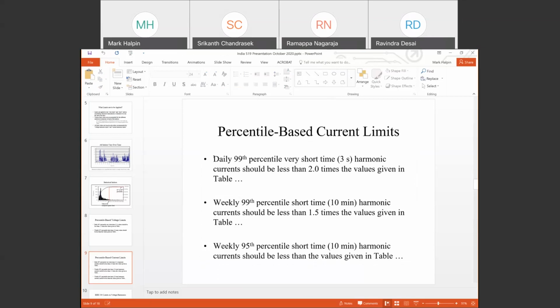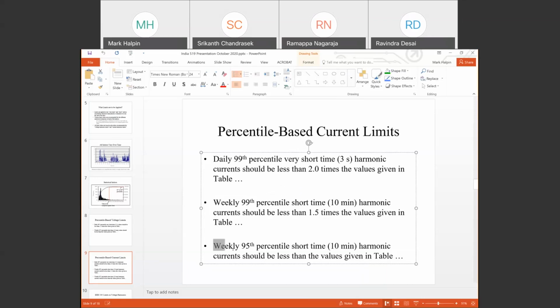The daily 99th percentile, which is statistically speaking unlikely, because it doesn't occur very often, is allowed to exceed the values given in the limit tables by a multiplier of 2. The unlikely values measured over a week are allowed to exceed the values given in the table by a factor of 1.5.